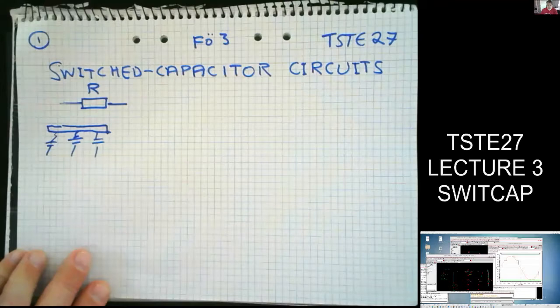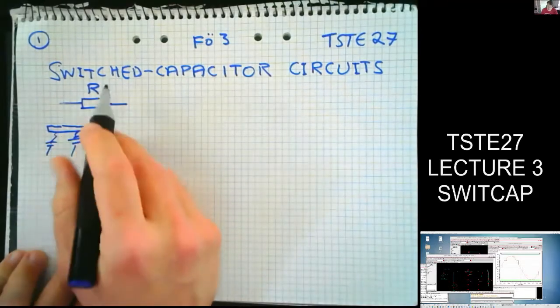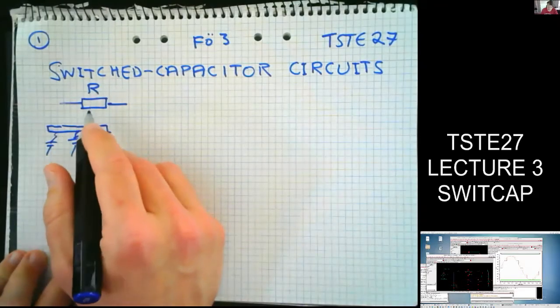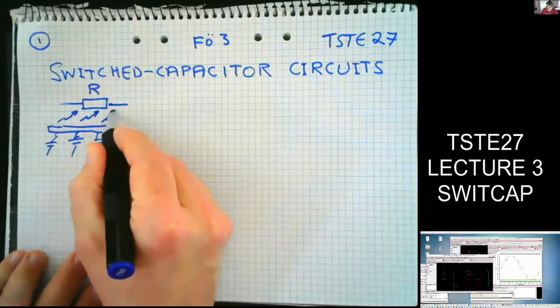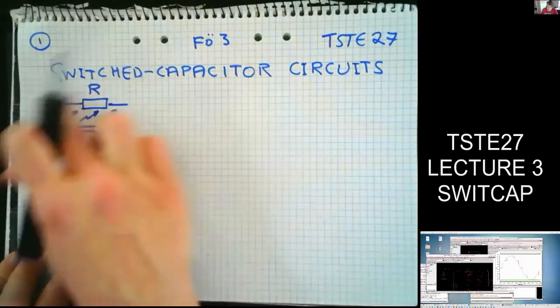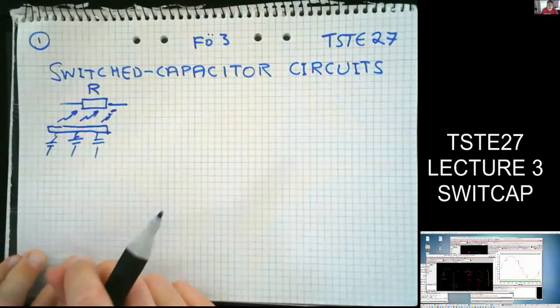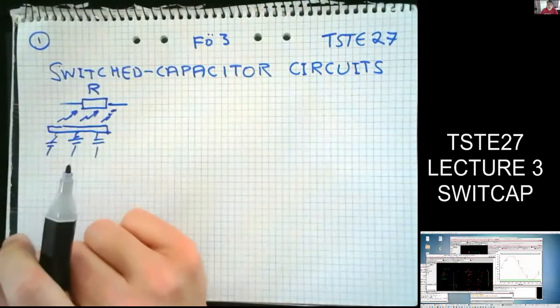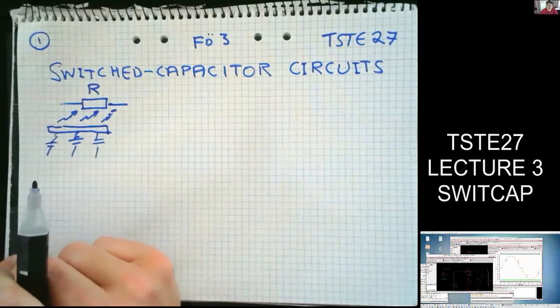And one could argue also that a resistor is an element which consumes power, so it's going to become heat. Now, the argument against switched capacitors is not that crystal clear, but at least the resistor is considered to be an evil element which we want to get rid of.